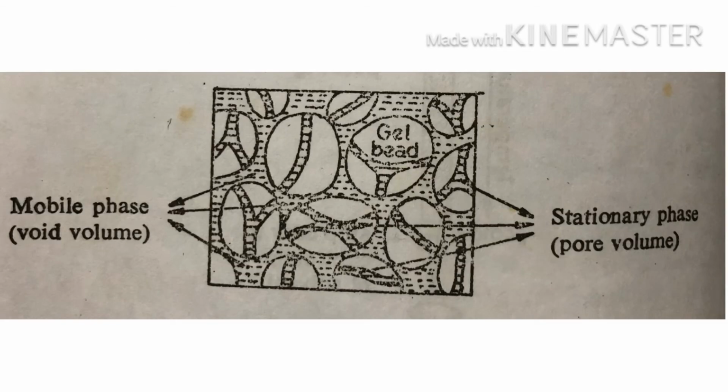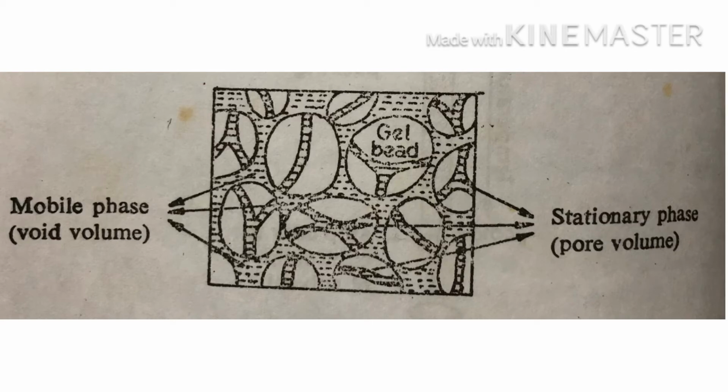Now let's see how a single solvent can act as both stationary phase as well as the mobile phase. We said that gel is added to the chromatographic column, and when the solvent is filled in the column, this solvent occupies the pore volume, that is the volume inside the gel bead, and also the space between the gel beads.